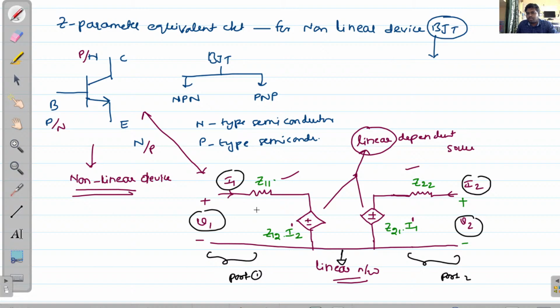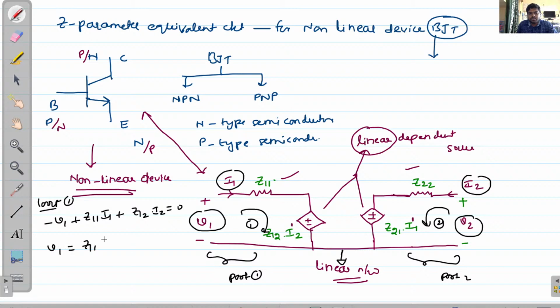If you write the expressions for these two loops, this is loop 1 at port 1 and this is loop 2 at port 2. If you write the KVL expression for loop 1, you will get minus v1 plus z11 into i1 plus z12 into i2 equals 0. From this, v1 equals z11 i1 plus z12 i2.